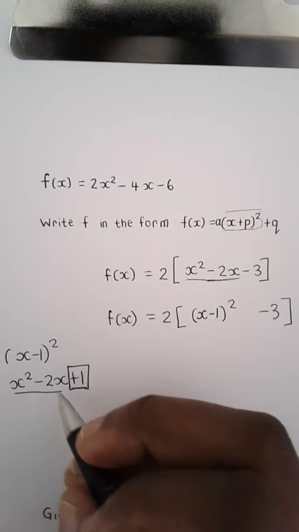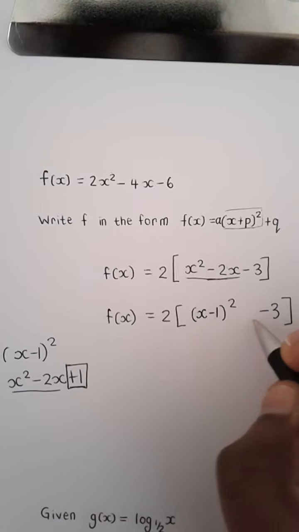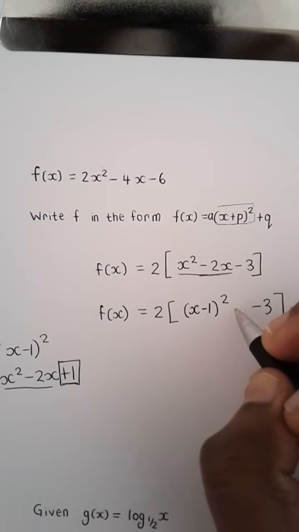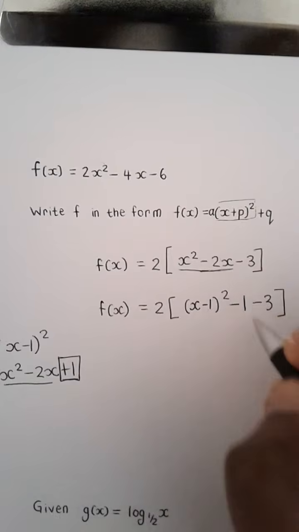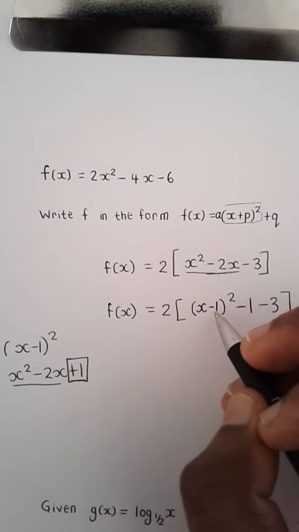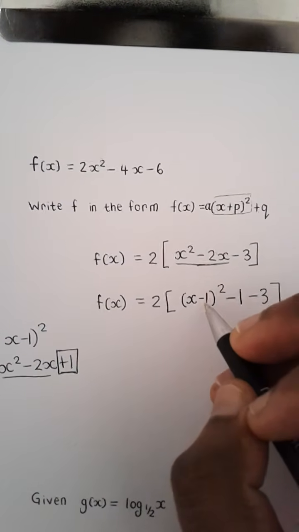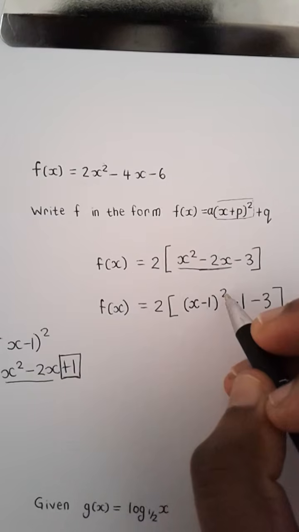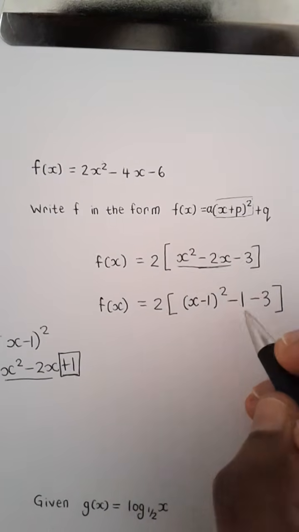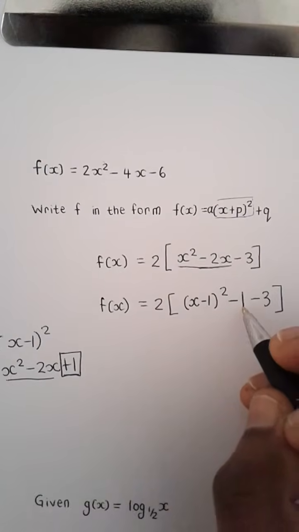So now remember, we always need to keep our equation balanced, so we need to compensate in the space that I left here by adding a negative 1, right? So the trick is this: you just put in here half the coefficient of x. When you square that, whatever that result is, you put the opposite inside the bracket next to it, right?